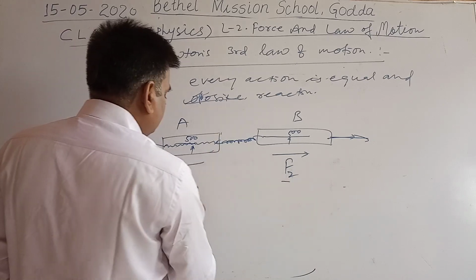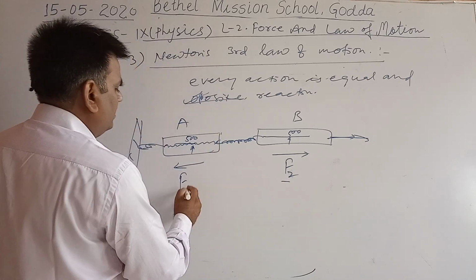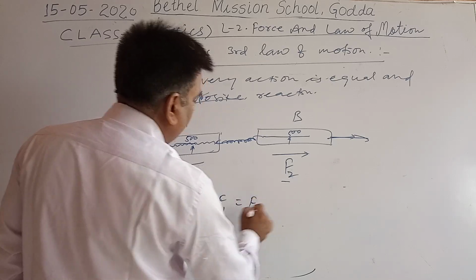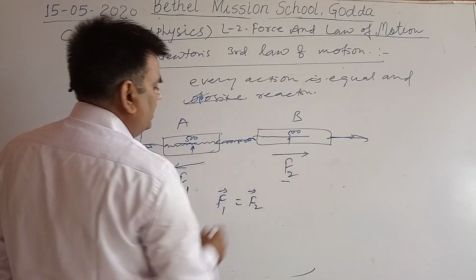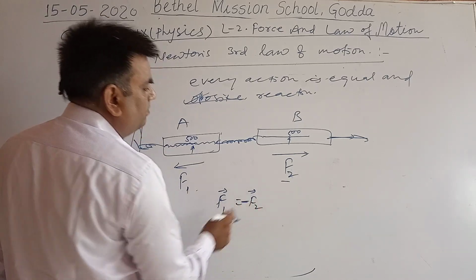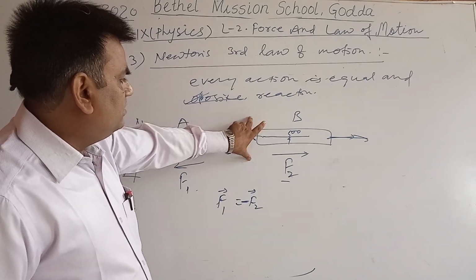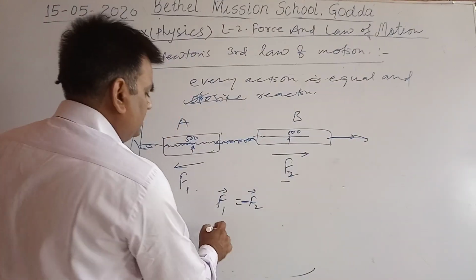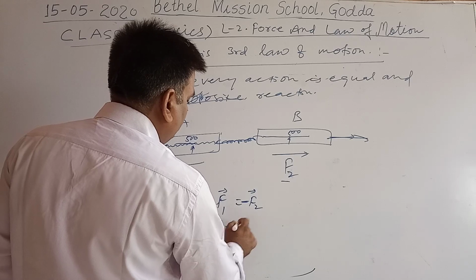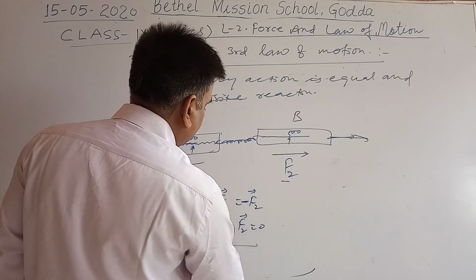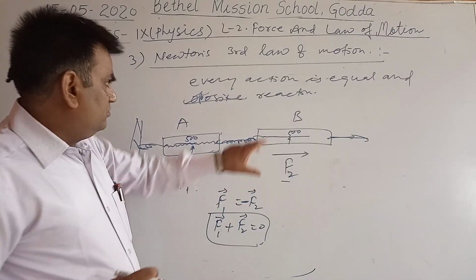So in this case we can say F1 equals F2, and they are opposite, meaning both springs move in opposite directions. So we can say F1 plus F2 equals 0.